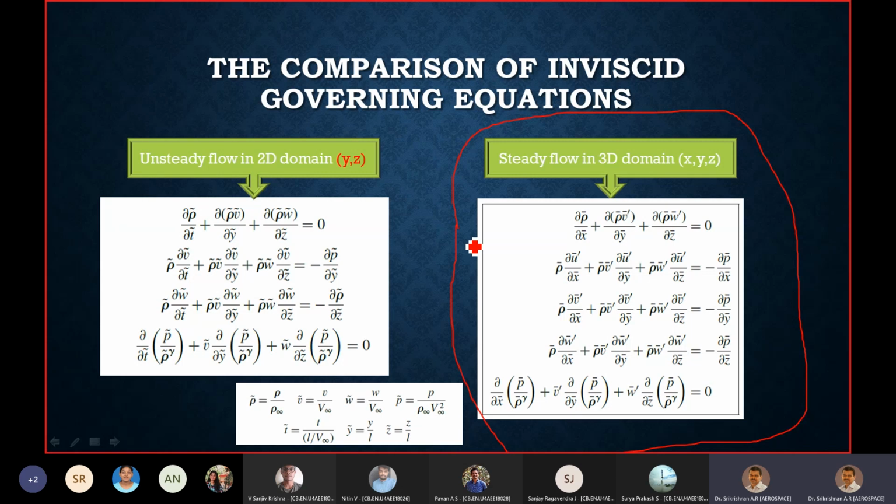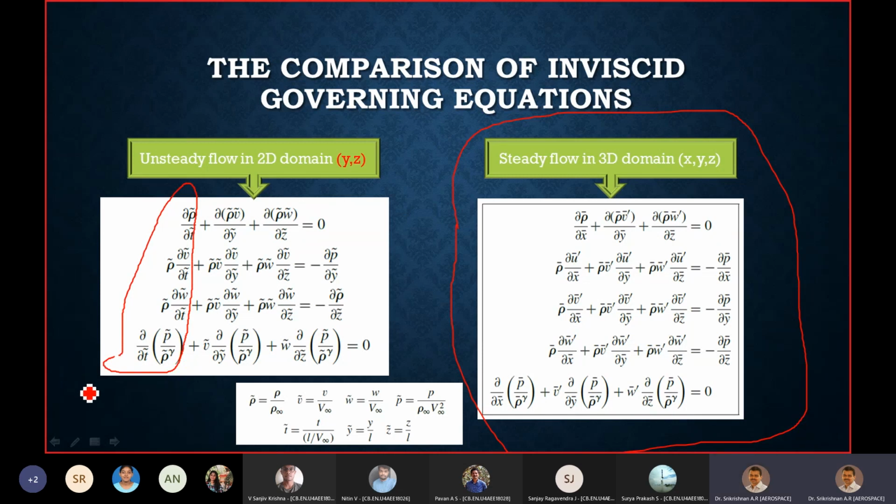And on the left hand side, you have a more familiar one, unsteady flow in a two-dimensional domain. You have been seeing this from the fluid mechanics days. It's continuity, momentum, and energy equations, again in non-dimensional parameters, but written for unsteady flow. You can see that all of them have unsteady terms, dou by dou t.